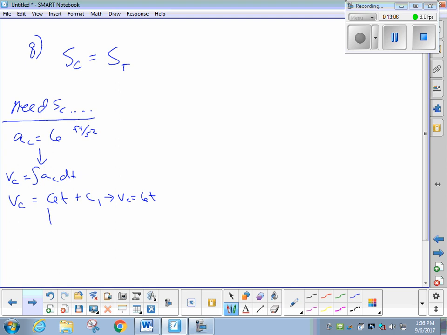Now let's go to position. Position, S of C, is the antiderivative of velocity with respect to time. And so that would be 3t squared plus some other constant. Do you have a position condition? An initial position condition? I guess it's relative. What do you want to call position? You have to figure out some kind of origin, yeah?